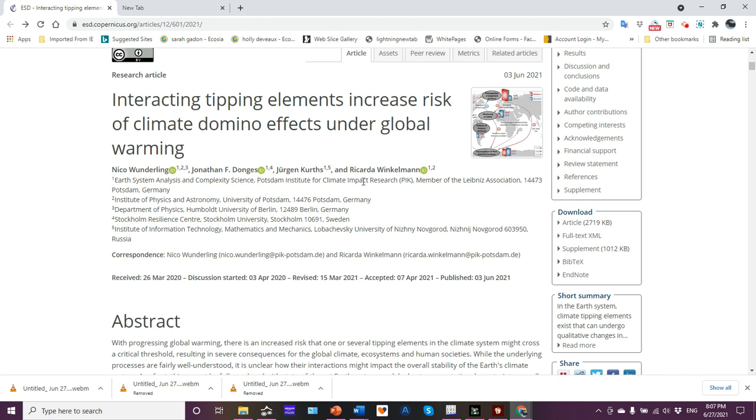Potsdam Institute for Climate Impact Research, PIK. Okay, that's in Potsdam, Germany. This is a research institute of extremely high repute, excellent reputation, and they do a lot of climate research. So you got some heavy hitters, Potsdam, Germany, Berlin, Germany, Stockholm, okay, and then a gentleman from Novgorod, Russia, which means new town.